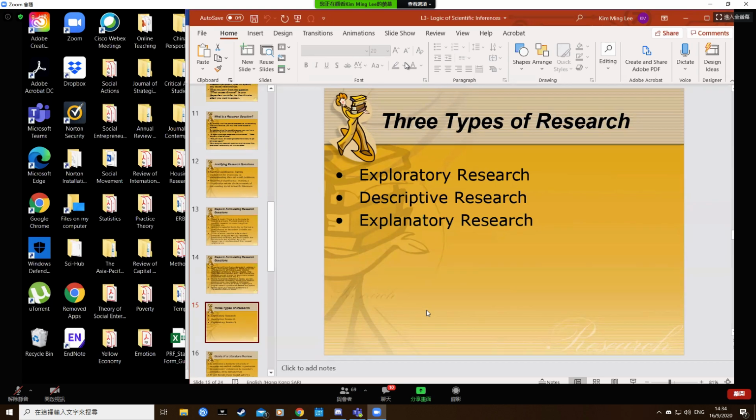So it may not be explanatory, that is exploratory. Okay, descriptive research would ask how many Hong Kong people are getting divorced, so that is descriptive research. Explanatory, exactly, you want to study how age, ethnicity, and previous divorce experience explain divorce rate. So in this case, these are explanatory research. So at least we have these three kinds of research.